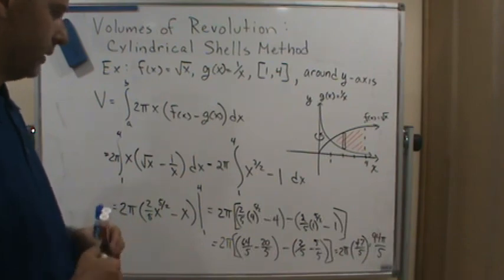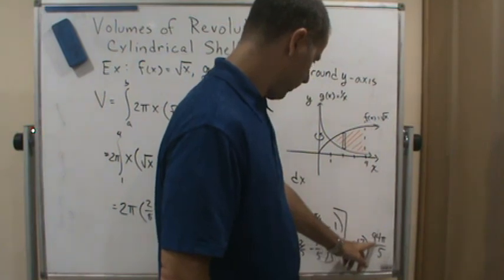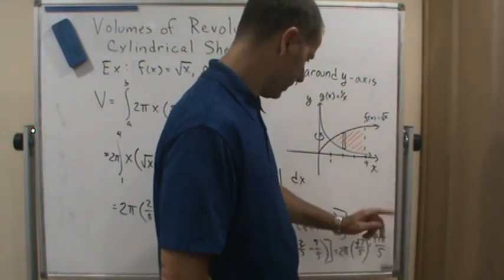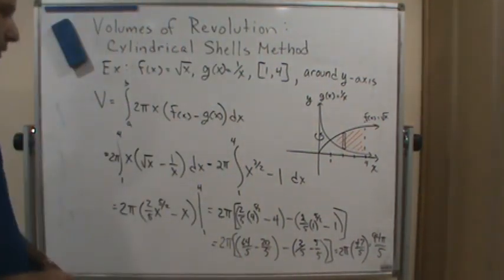Divided by 10, it's 9.4, so 18.8. So it would be 18.8. So 8/10, so 4 fifths. So it would be 18 and 4 fifths pi.